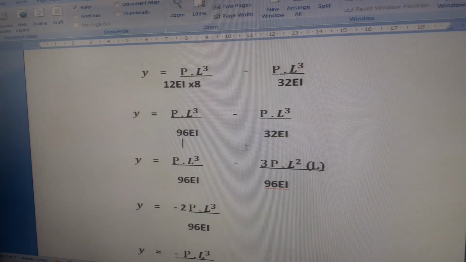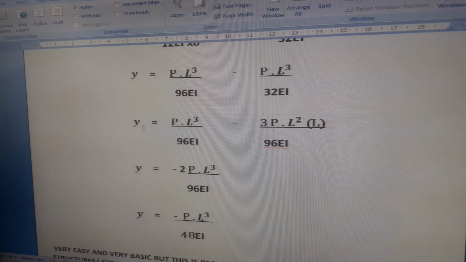So y is equal to p L cubed divided by 96 EI minus p L cubed over 32 EI, which is equal to p L cubed over 96 EI minus 3p L cubed over 96 EI, and that equals minus 2p L cubed over 96 EI.